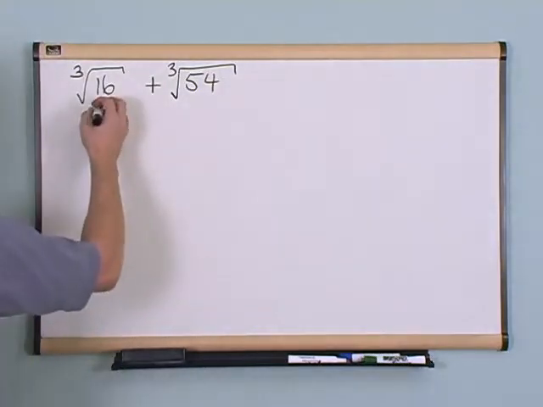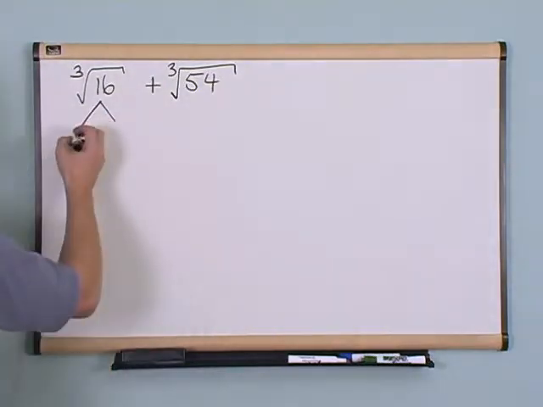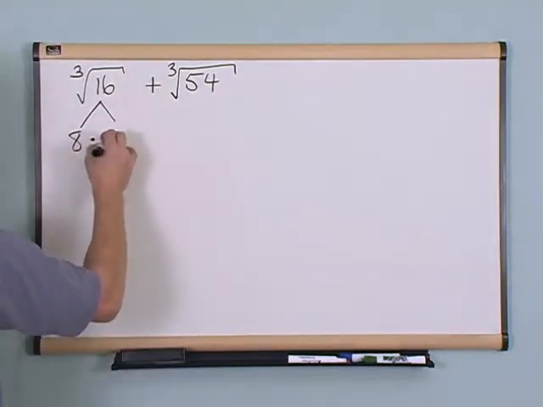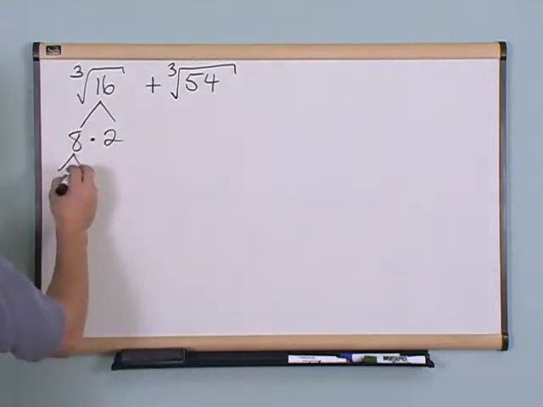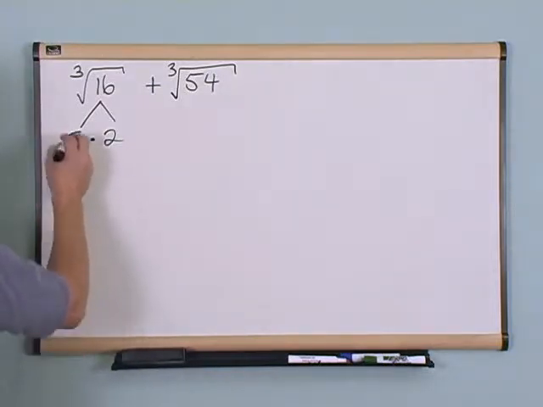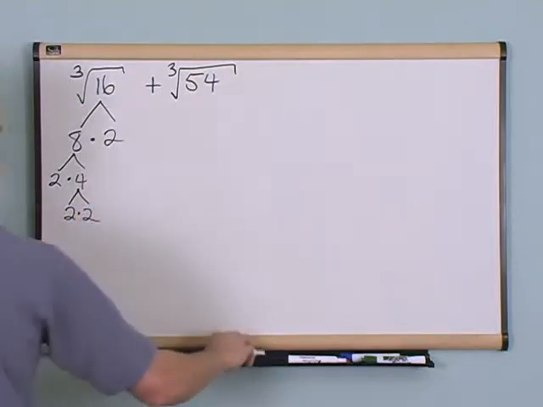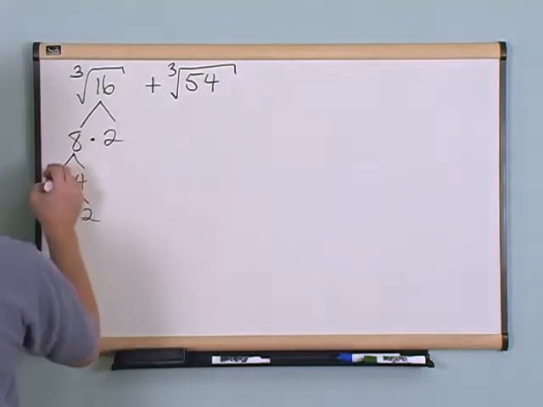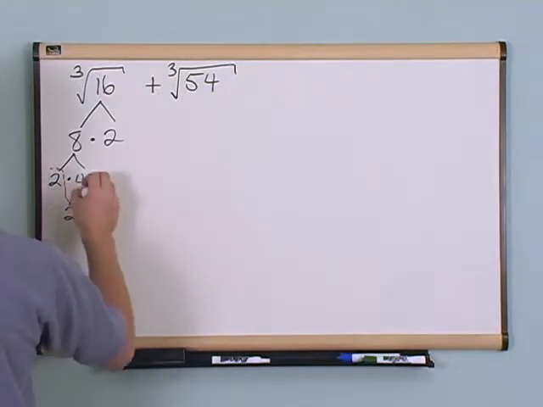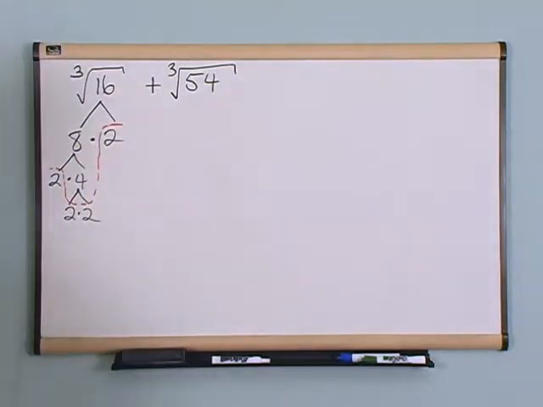So let's do that. For 16, 8 times 2 is 16. 2 times 4 is 8. And last but not least, 2 times 2 is 4. So I'm looking for groupings of 3 in the bottom of the tree. And look here, I found a grouping of 3.